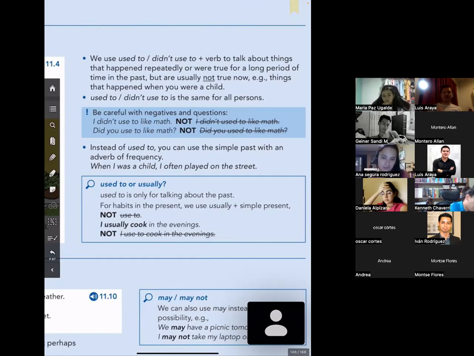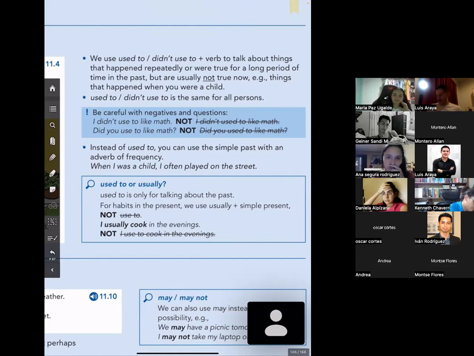But if it is an activity that you do every day or frequently, then you should use usually. Like the example of Maripaz: I think in most of the classes she's eating ice cream. So Maripaz can say, I usually eat ice cream when I have English classes.